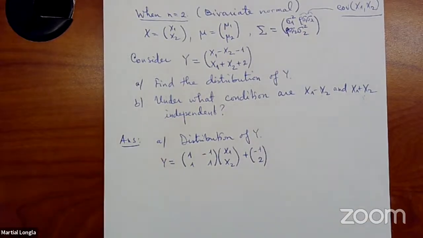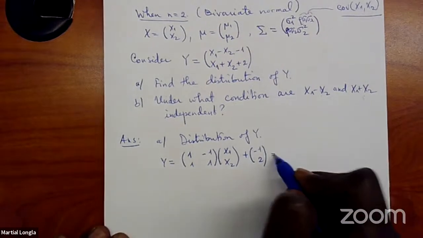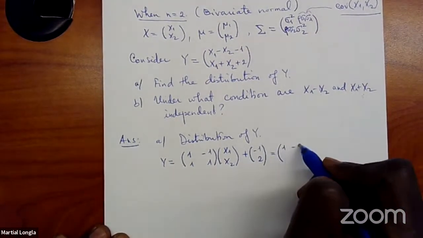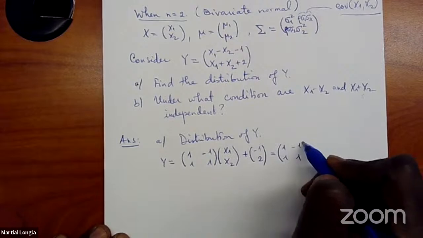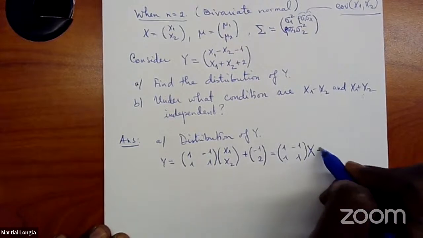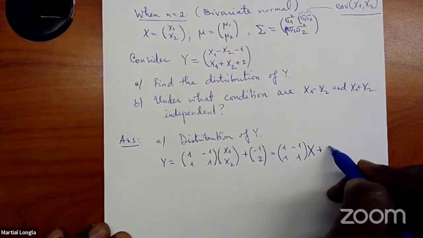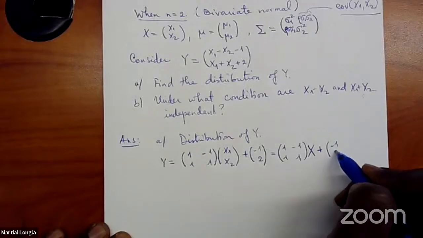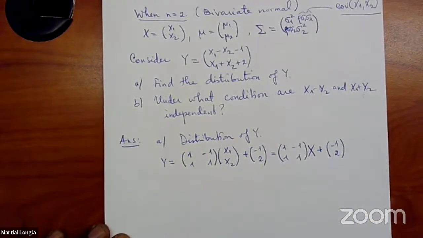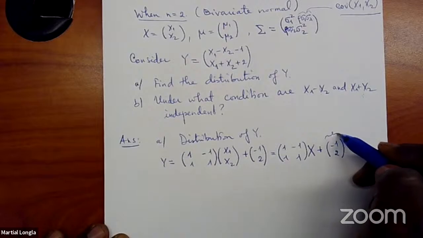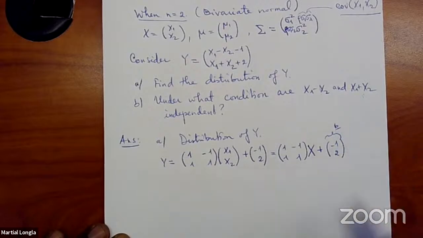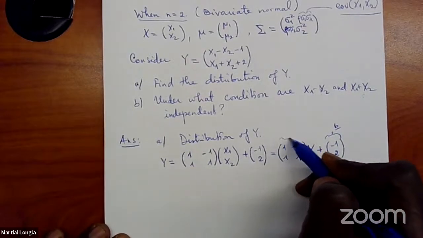That's what the vector y is, which is 1 minus 1, 1, 1 times x plus minus 1, 2. And thus, that's the vector B, and this is A.